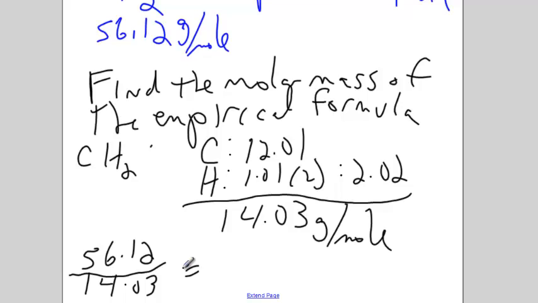I plug that into my calculator, though really I could probably do that in my head. And I get, oh look, a whole number, and that whole number is 4. What that means is the molecular formula I'm looking for is 4 times the empirical formula.